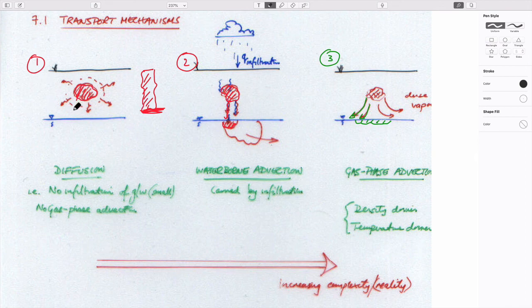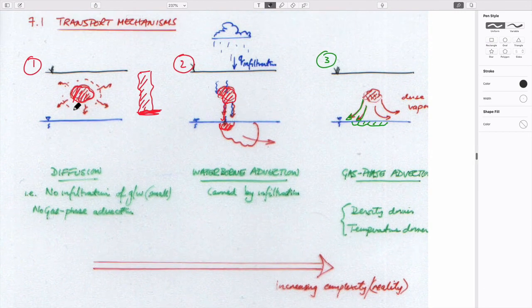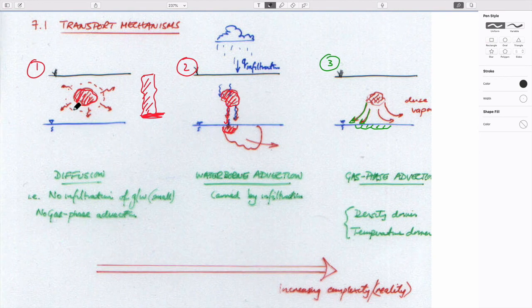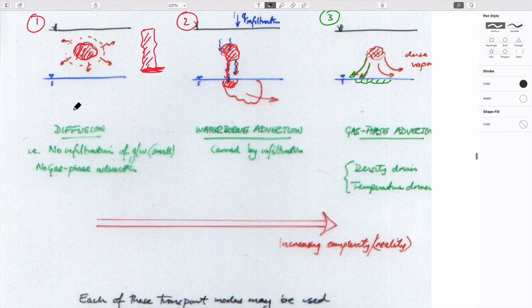We can make a distinction between conservative and non-conservative behaviors just by defining this retardation coefficient. So long as we're careful in understanding exactly what that is, it allows us to apply all of the concepts for advection and dispersion that we talked about for the saturated zone also to the vadose zone, and therefore be able to apply that to remediation. So that's it for now.